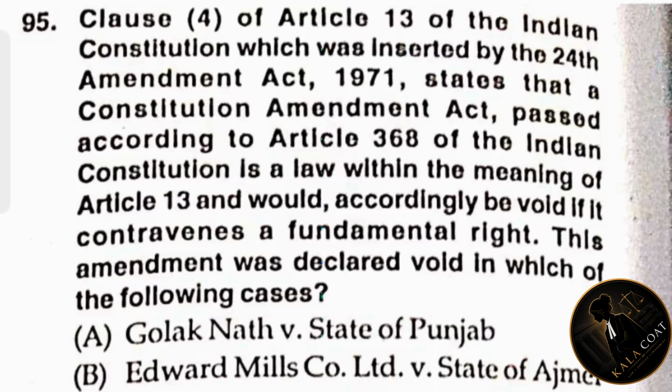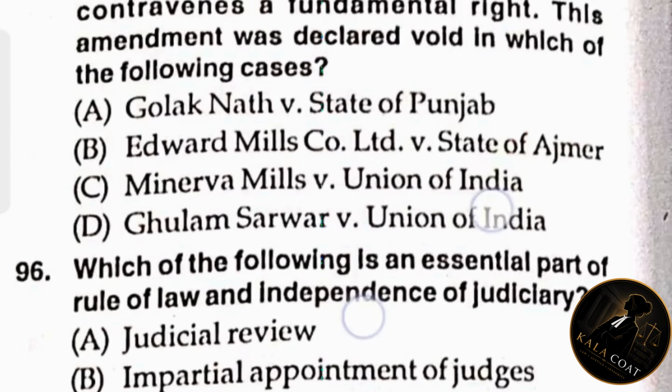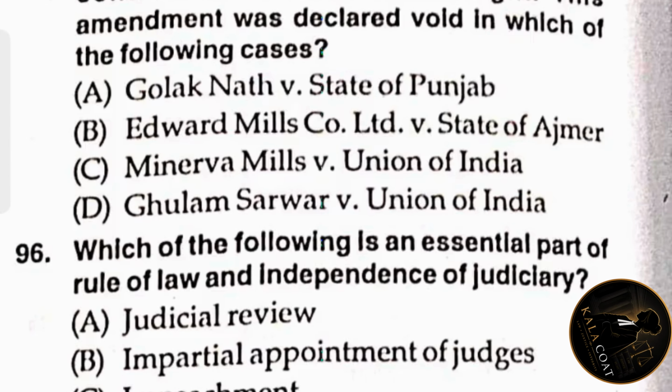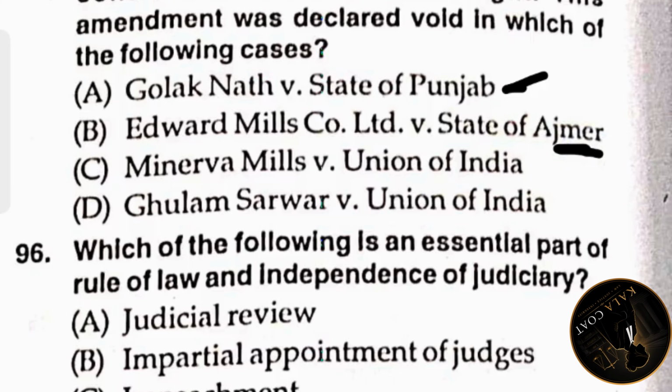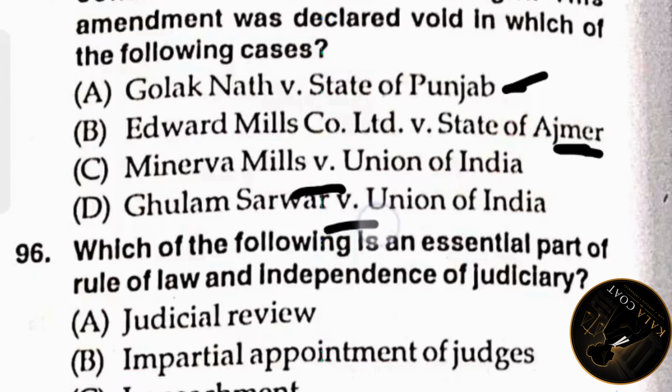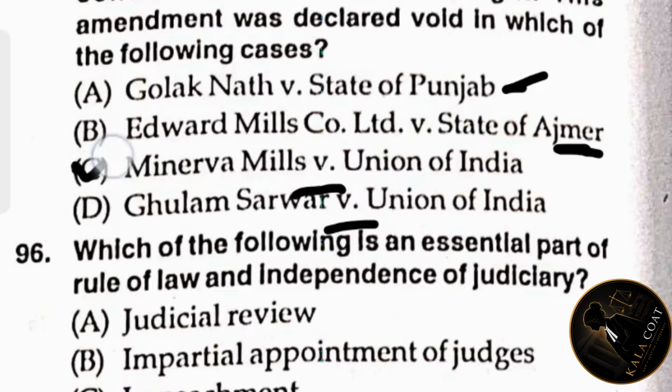This amendment was declared void in which of the following cases? Options are Golaknath versus State of Punjab, Edward Mills Company Limited versus State of Ajmer, Minerva Mills versus Union of India, और गुलाम सरवर versus Union of India. Correct answer है Minerva Mills versus Union of India. Option C is the right answer.